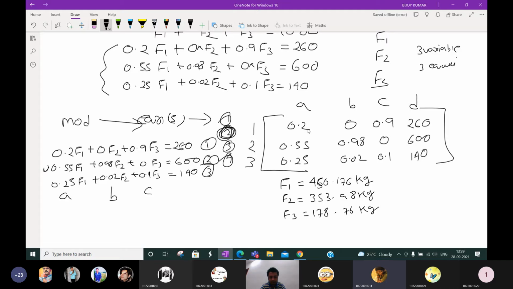I'll do it again from the start. It will be 0.2, 0, 0.9, 260, 0.55, 0.98, then 0, 600, 0.25, 0.02, 0.1 and 140. So what I am getting is 456 kg. F2 I am getting 356 kg.